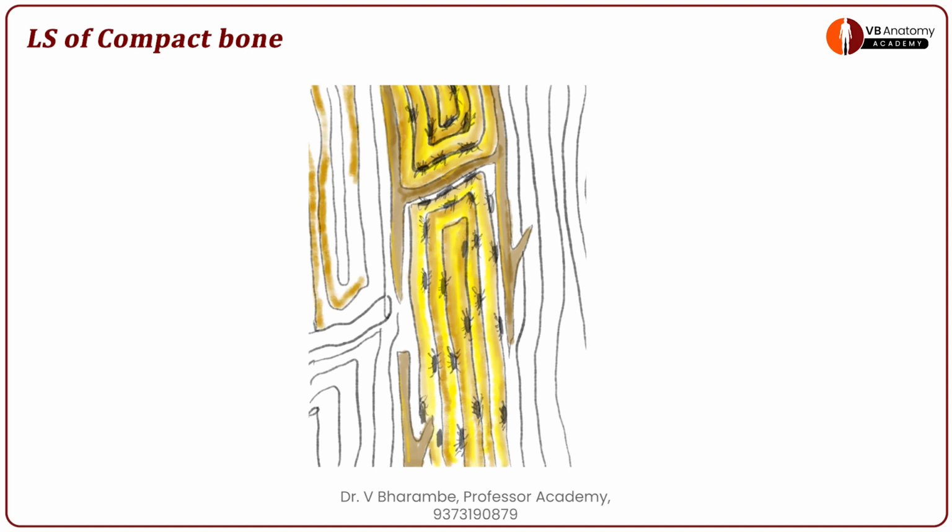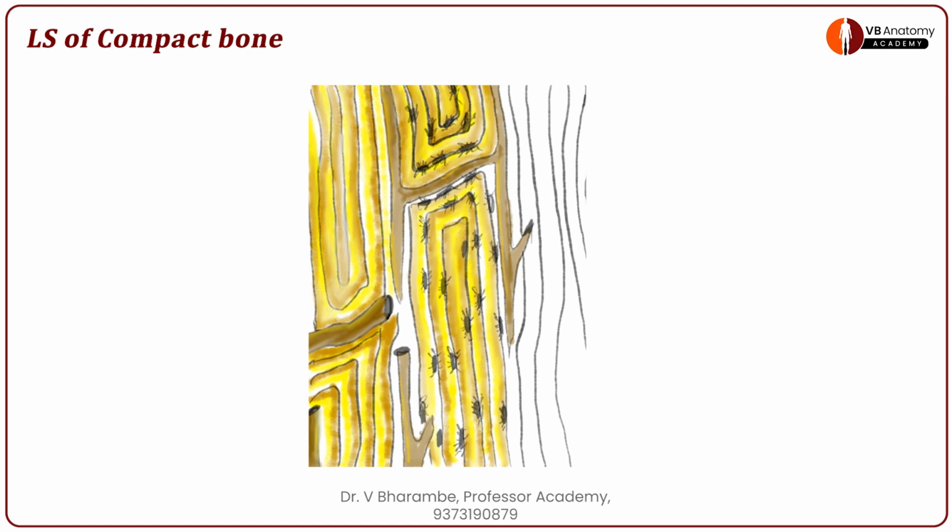Color them using the same technique of brown on the periphery, yellow on the inside, and blending them together. In between lamellae, draw tiny spaces which are the lacunae, communicating with each other with the help of the canaliculi.